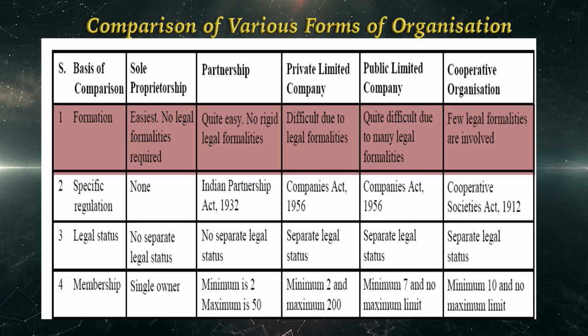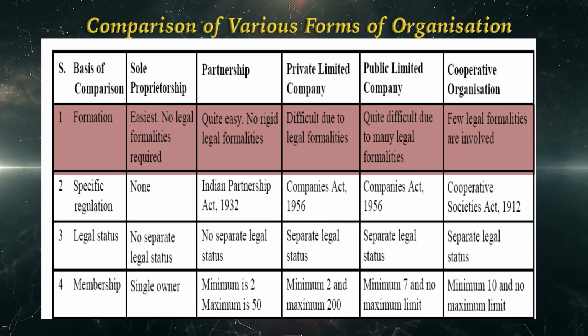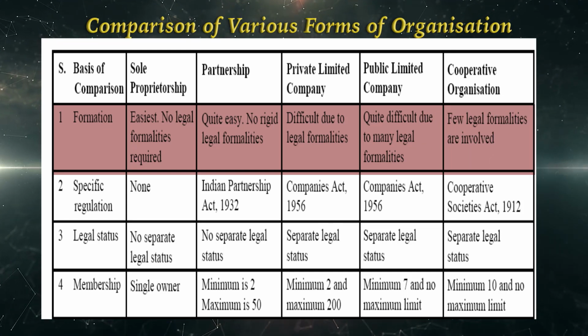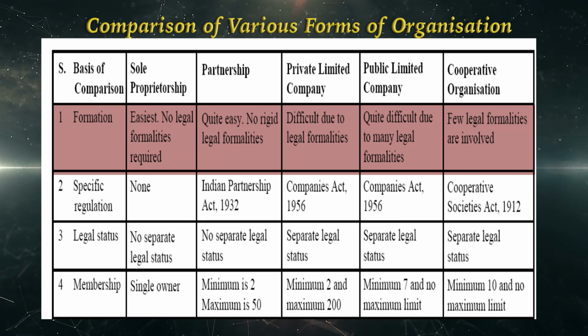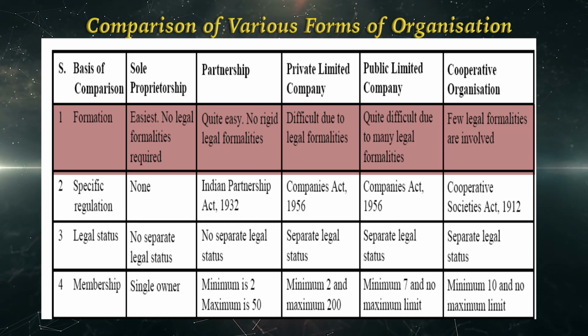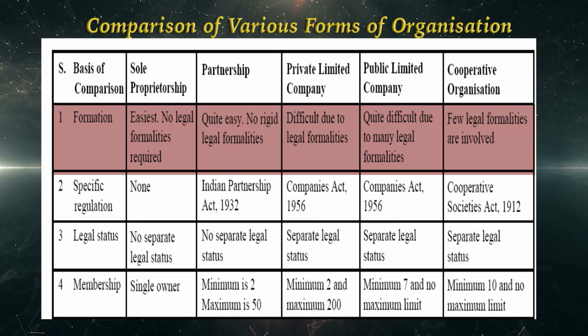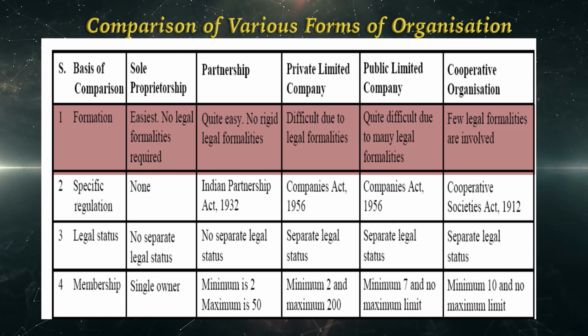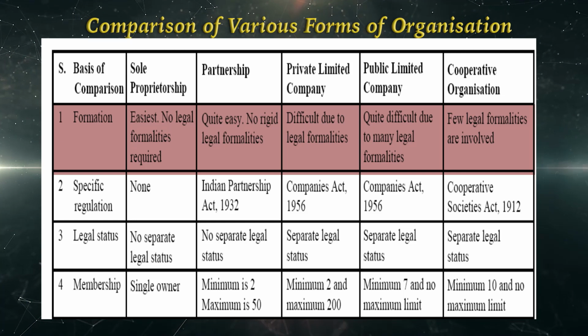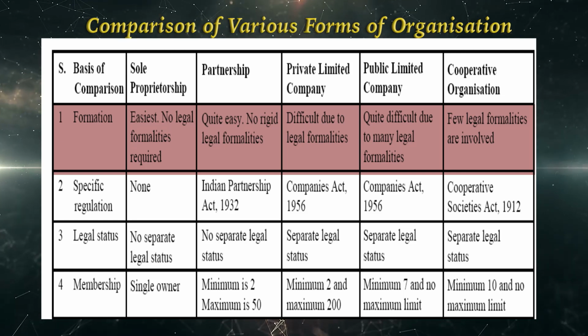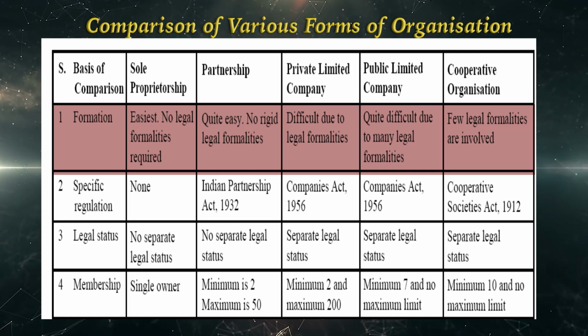The first is about formation. Obviously, sole proprietorship is very easy to form. You decide to start a business, you just provide some capital and you can start the business. But partnership is not as easy as sole proprietorship. Here you have to go for the partnership deed, you have to go for the agreement, and after that agreement you may start it.